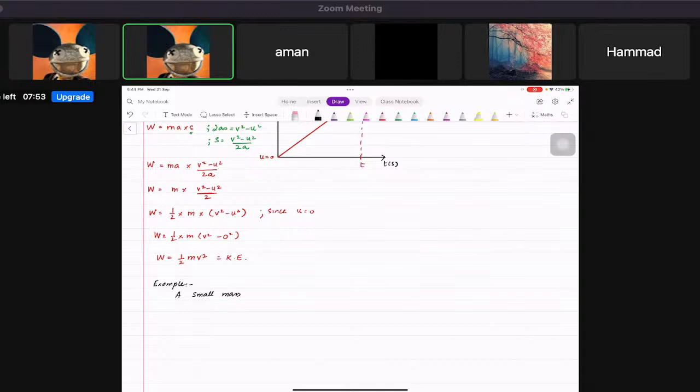So it says a small mass released from rest at point P on a frictionless smooth hemisphere.